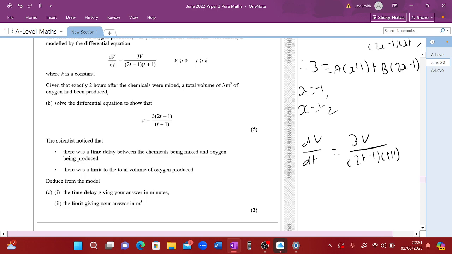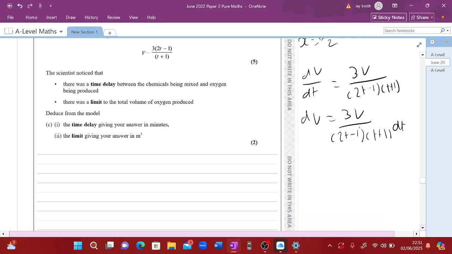So I'm going to times by dt, and on the left of dv is 3v over (2t minus 1)(t plus 1) dt. That's the first step you want to do. Then I want to get v on this side with the dv, so I'm going to divide by v. So 1 over v dv is then 3 over (2t minus 1)(t plus 1) dt.